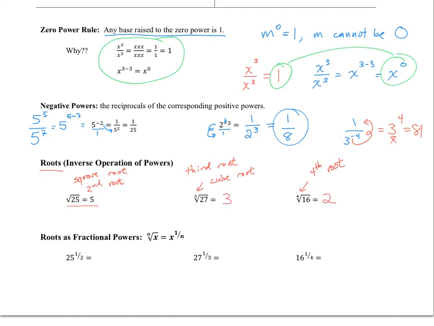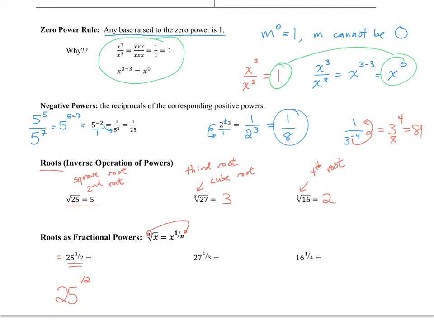Or we can interpret these roots as rational or fractional powers. Now, this notation is a little off. I would write it like this, horizontal fraction. That way you knew it was going to be half power. But what happens here is whatever number is in the root will go into the denominator of the exponent.